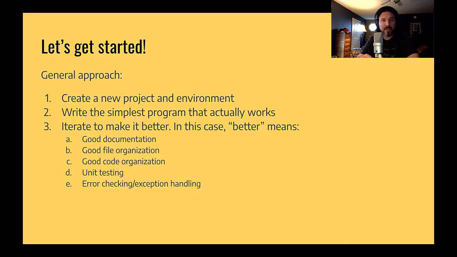So let's get started. The general approach in a case like this is to create a new project, set up your development environment, then write the simplest program that actually works, and then iterate to make it better. In this case, better means that you've got good documentation, that your files are organized well, that the code is organized well, nice and clean and linted, and we'll talk about that maybe not today, but in the near future.